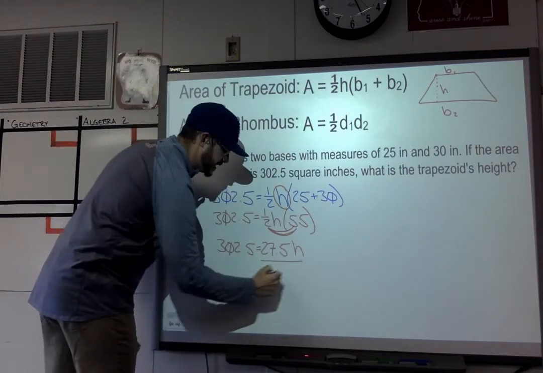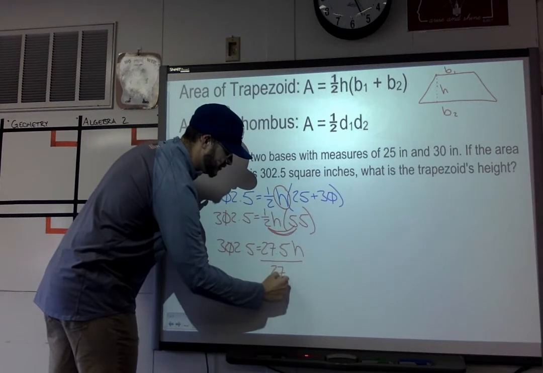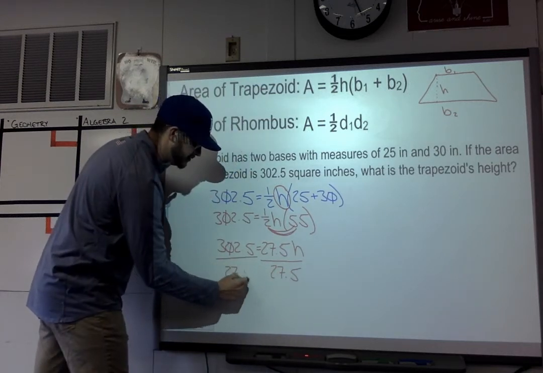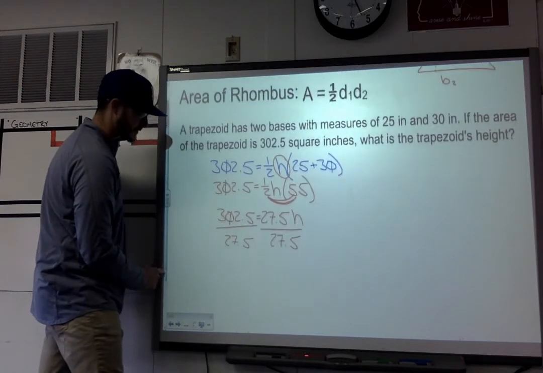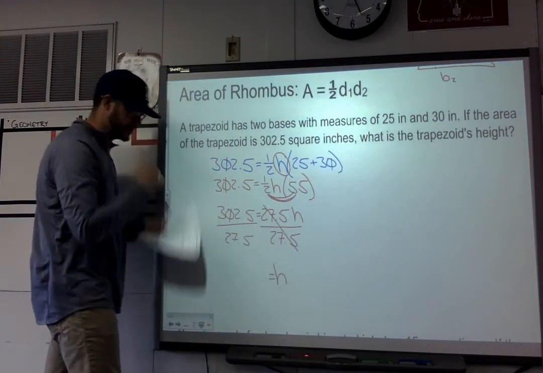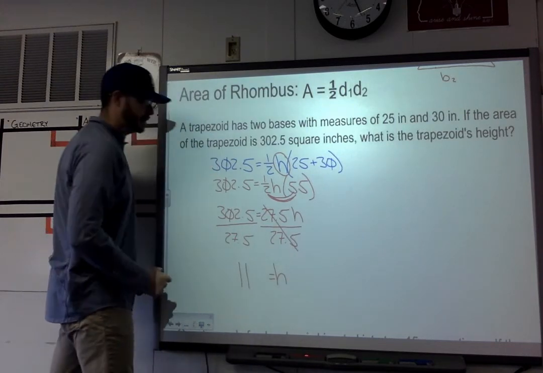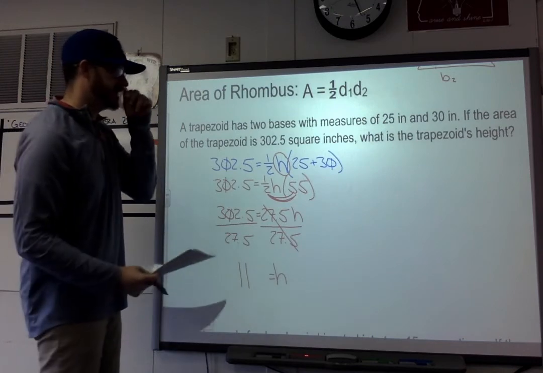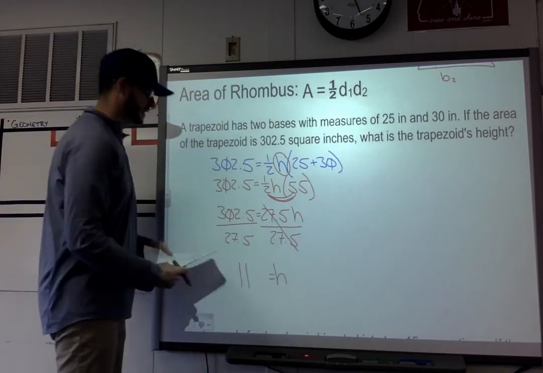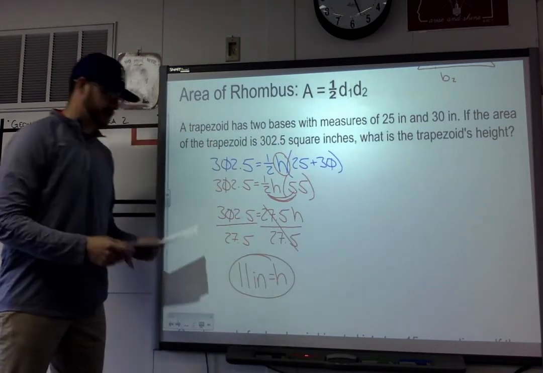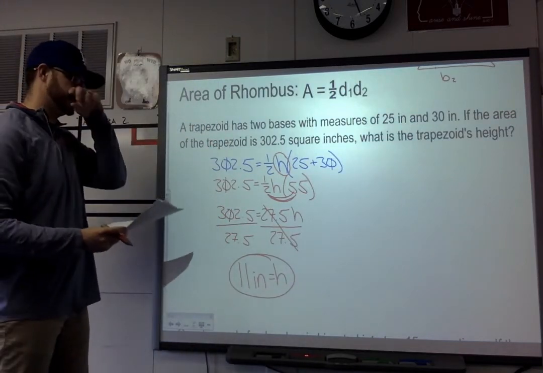Then our last step is to get that h by itself, so we need to divide by 27.5, and we get that h is equal to 11, which we know since we're working with figures here, we always need to have a label. They're using inches up above, so the height of this trapezoid would be 11 inches.